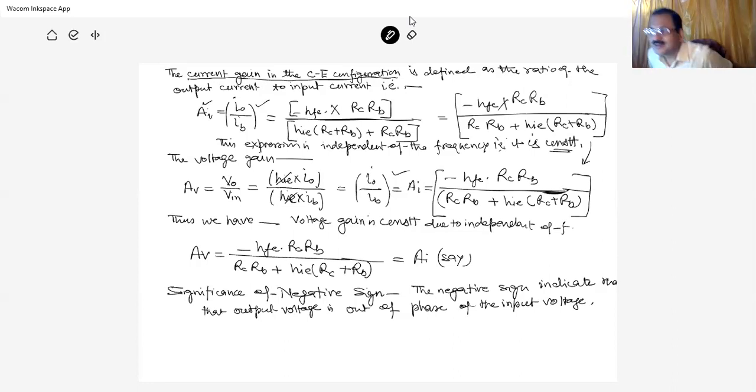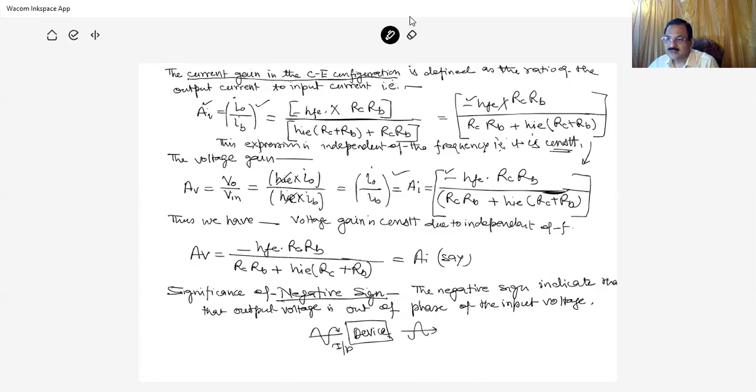This part is one interesting phenomenon, that is the constant value along with the negative sign. This negative sign is very interesting, because if we have a device, device meaning the common emitter amplifier, and the input signal is this, then the output is something like that.